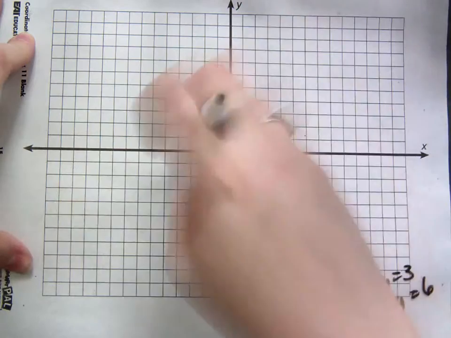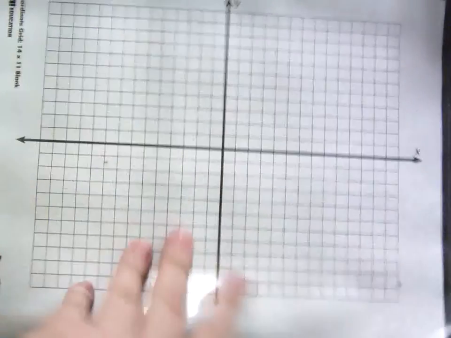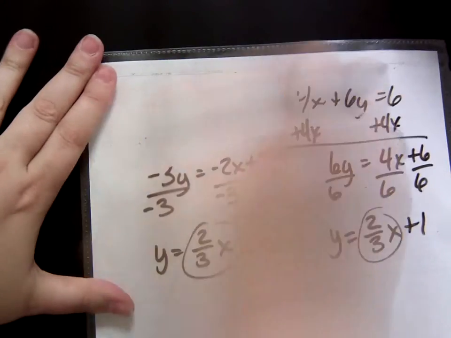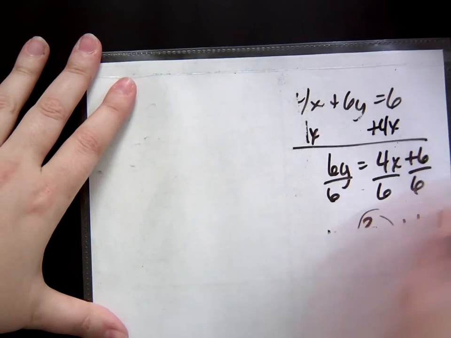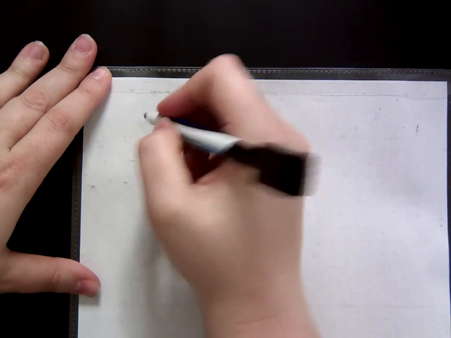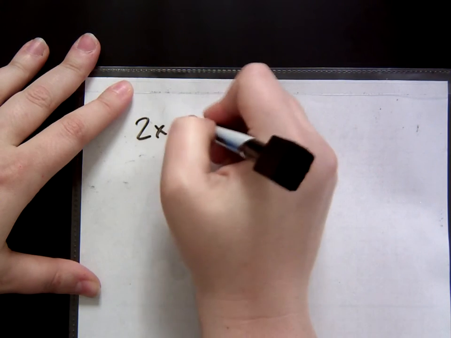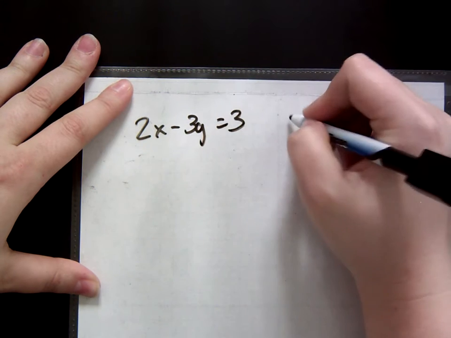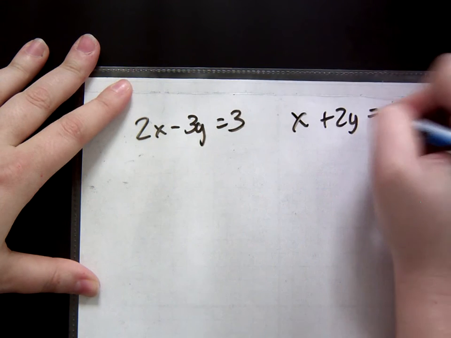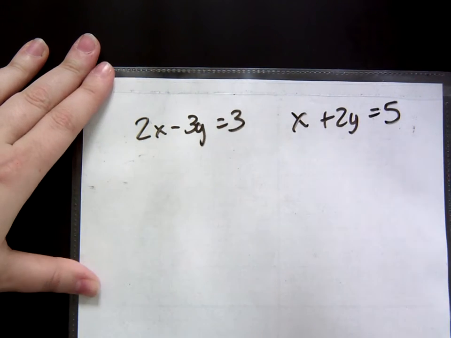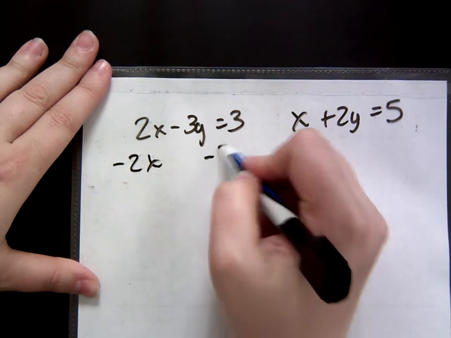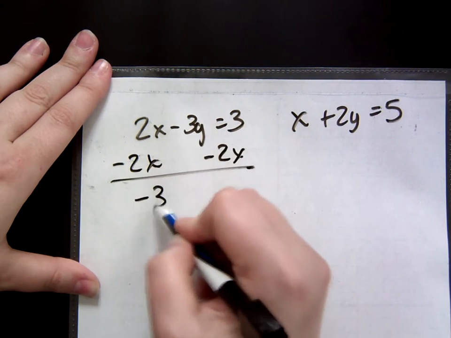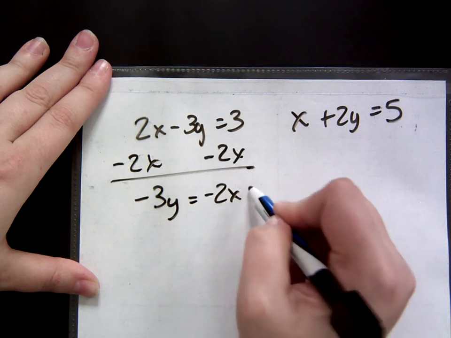Okay, so let's look at a couple more. If I give you 2x minus 3y equals 3, and x plus 2y equals 5. Subtract 2x from both sides to get negative 3y equals negative 2x plus 3.